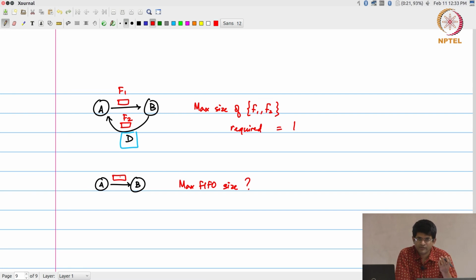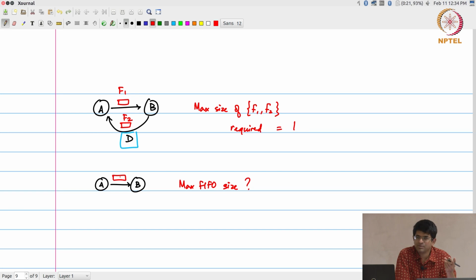So effectively, because there is no dependency as such on A, it is capable of generating outputs as and when required, but if I don't put some kind of a physical limitation on how much data it can store, then I am most likely going to run into problems by having a FIFO overflow at some point.